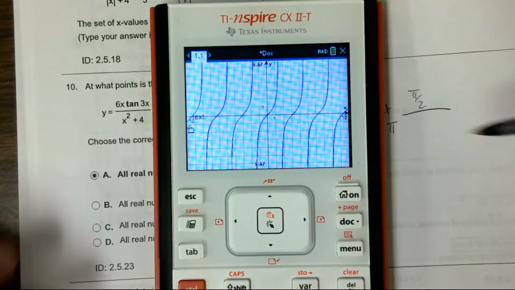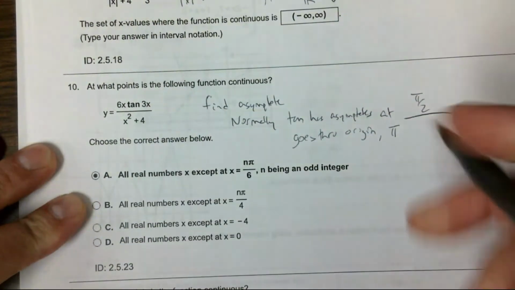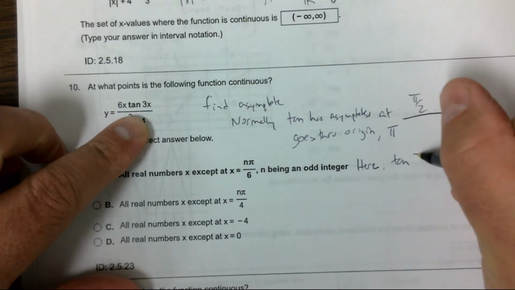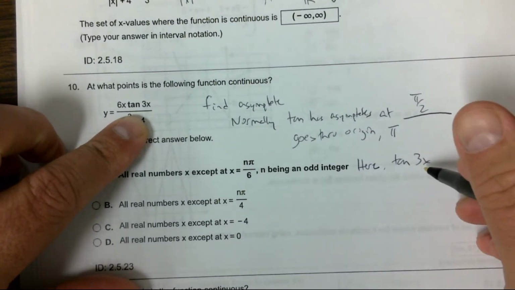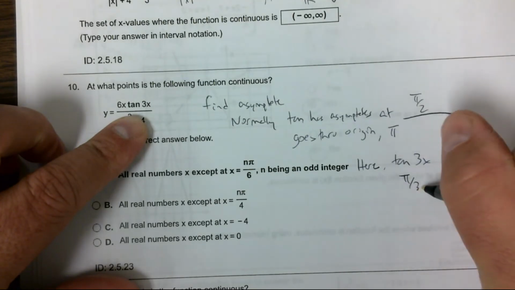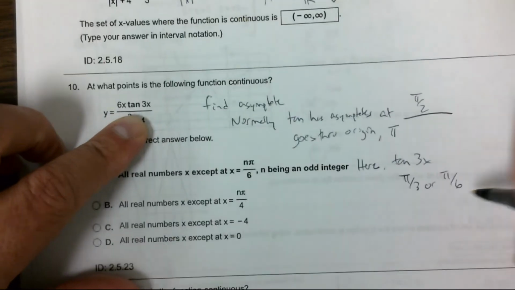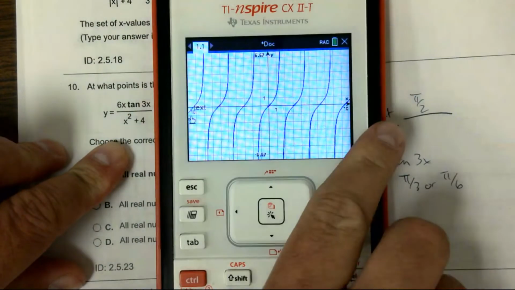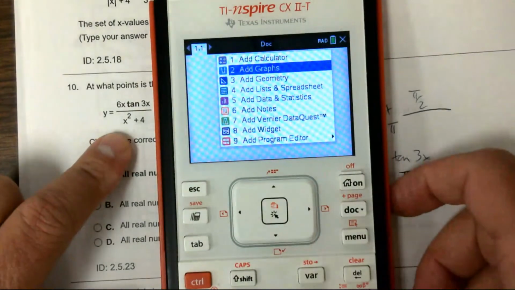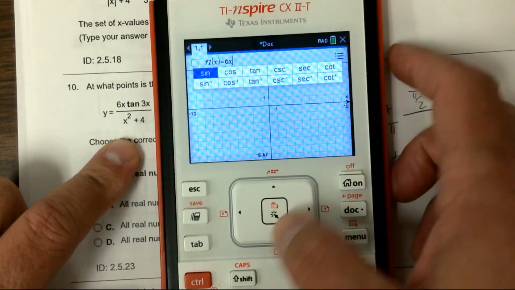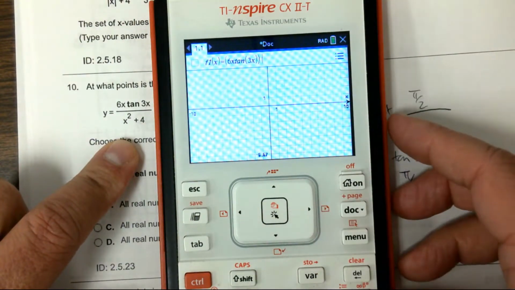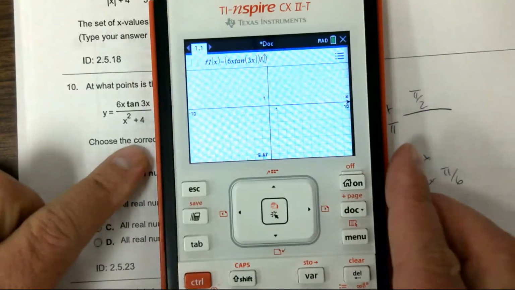Now that's for the normal part, but here you have tan 3x, which means you're going to have to do pi over 3 or pi over 6. So let's just graph it and see. Dang. 6x tan 3x, all of that divided by x squared plus 4.